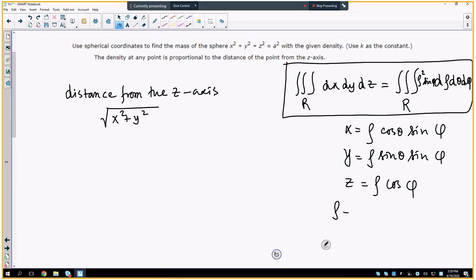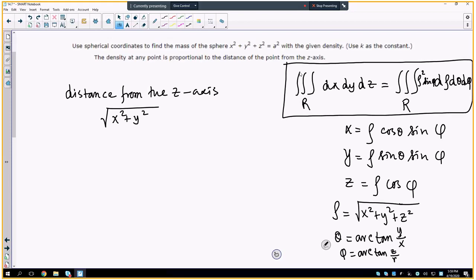Rho is equal to the square root of x squared plus y squared plus z squared. This is going to help us understand the relationship between rho and the x, y, z coordinates, and also the limits of rho. Then theta is going to be the arc tangent, just like polar coordinates, of y over x. And finally, the phi value is going to be the arc tangent of r over z. So these are your interchange formulas.